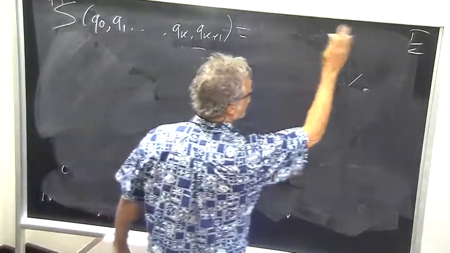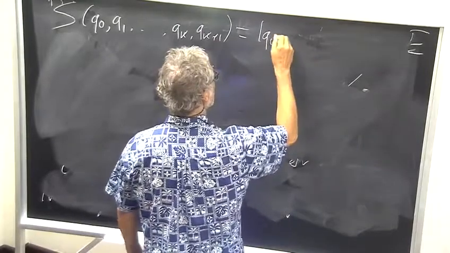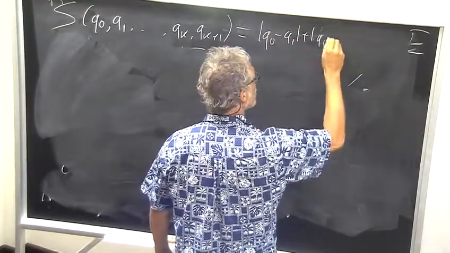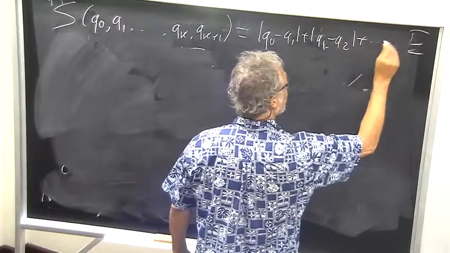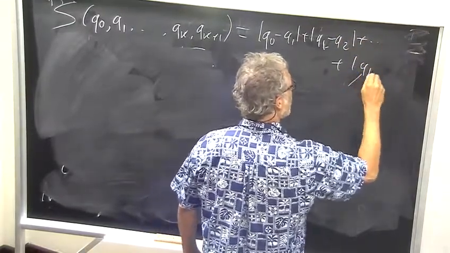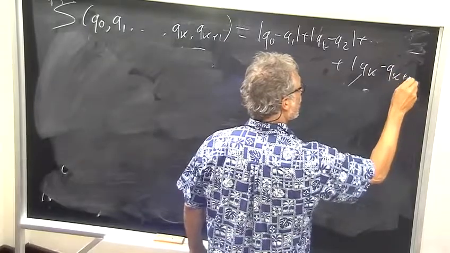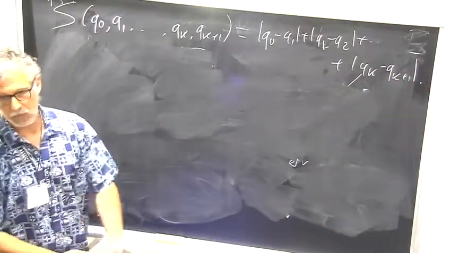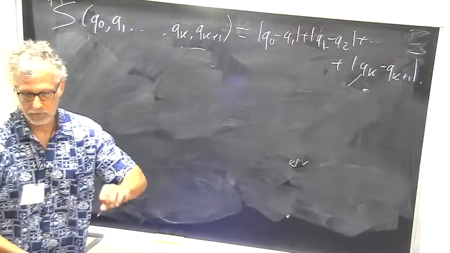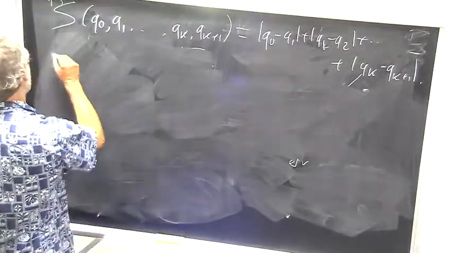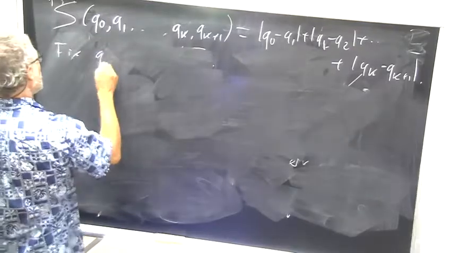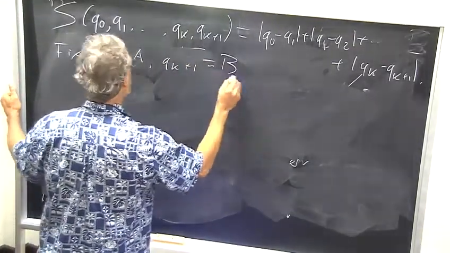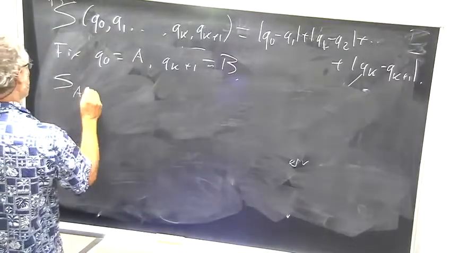That's just the path length: Q0 minus Q1 plus Q1 minus Q2, and so on. And these paths are going to be extremal, which is what you were saying with your rings, Mark. Now we fix Q0 as A, QK plus 1 as B, and then you have an SAB.